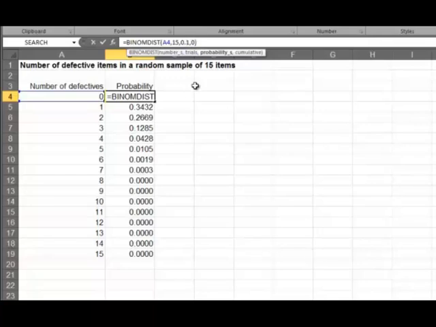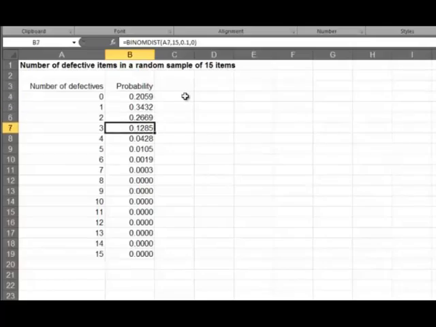So here we're getting the probability of getting exactly 0 defects out of a batch size of 15 given a 10% defect rate. And we can see the same formula is copied all the way down.